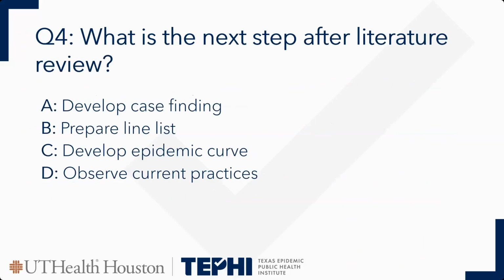So what's the next step after a literature review? Do we develop our case finding? Do we prepare a line list? Do we do our epi curve? Or do we observe current practices?